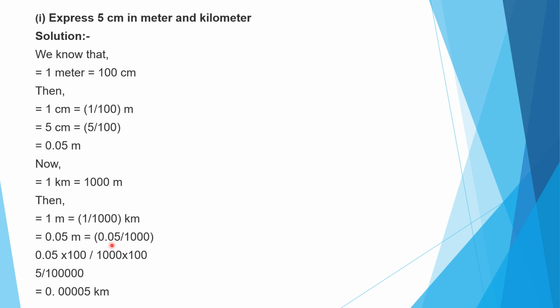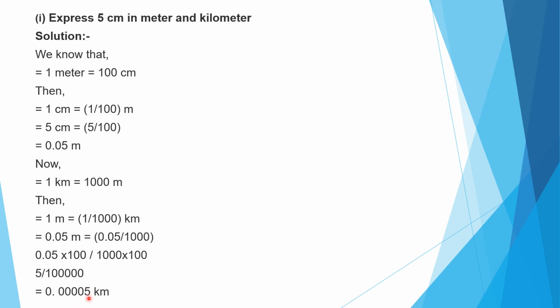So now 0.05 by 1000, we have to remove this decimal point by multiplying by 100. When we multiply by 100, this decimal point will go, and once we multiply the numerator by 100, the denominator also we have to do the same. So 0.05 into 100 is 5 by, these 3 zeros plus these 2 zeros we have to put. So here this is 1 lakh. So how many zeros are there? 1, 2, 3, 4, 5. 5 zeros means after decimal point, 5 digits should come.